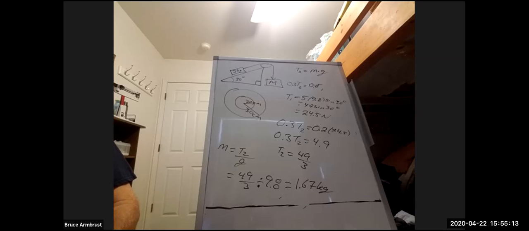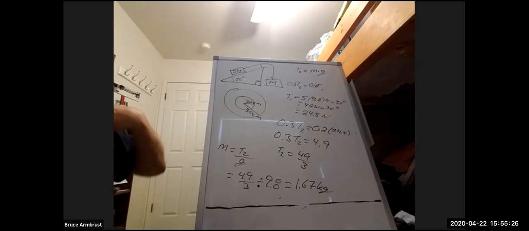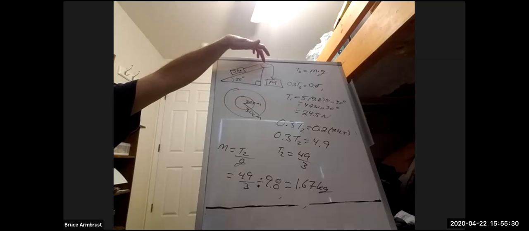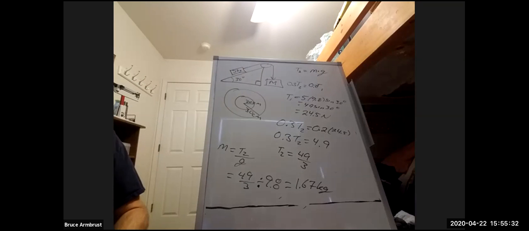Anyway, did I thoroughly confuse everybody with number 75? I get it. So the approach, notice what I did: I went to each of the blocks and the pulley and looked at them separately, and did the good old force diagrams.